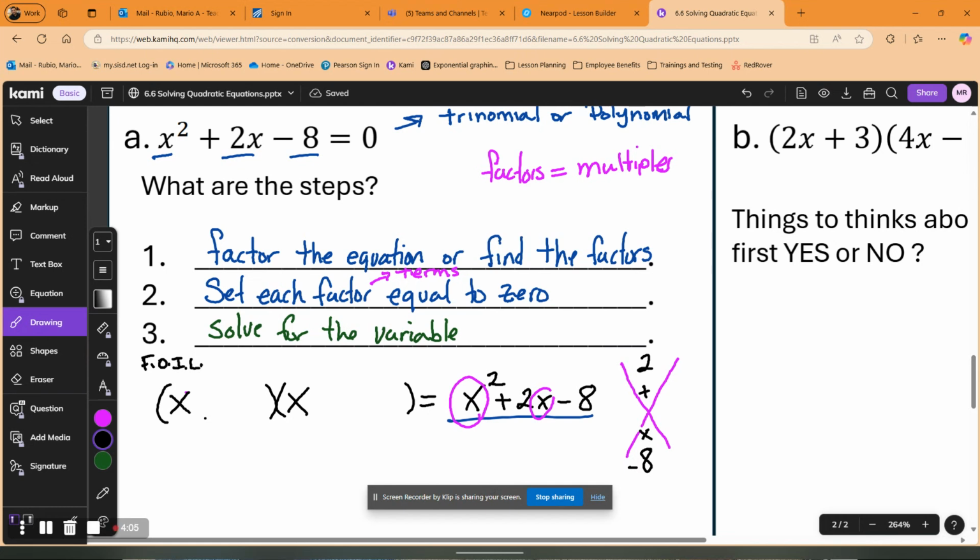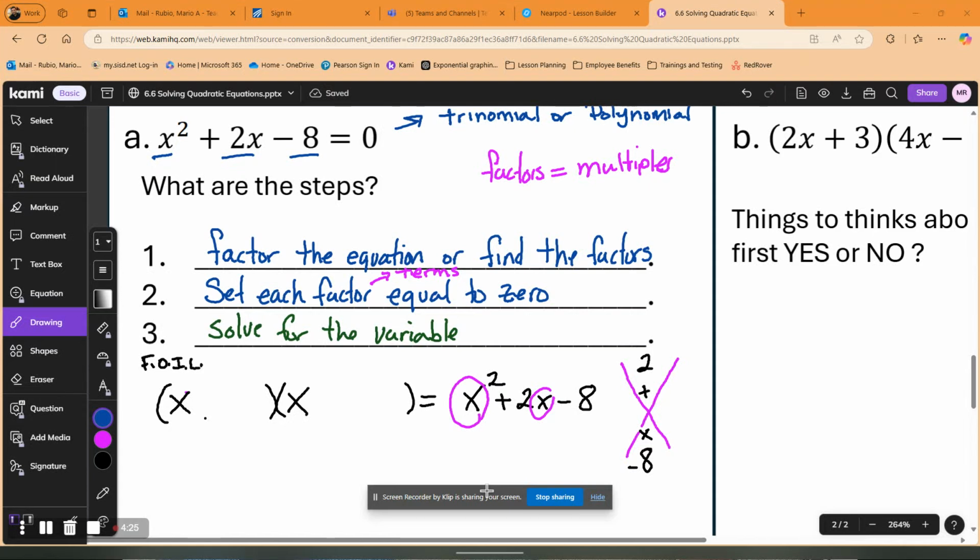Okay, so I'm going to draw like an X. On the top, I write this term. On the bottom, I write this term. And then I'm going to figure out what numbers go in there. So what times what gives me negative 8, but when I add it gives me 2? So what plus what gives me 2?